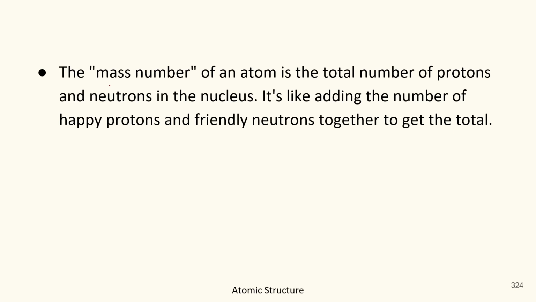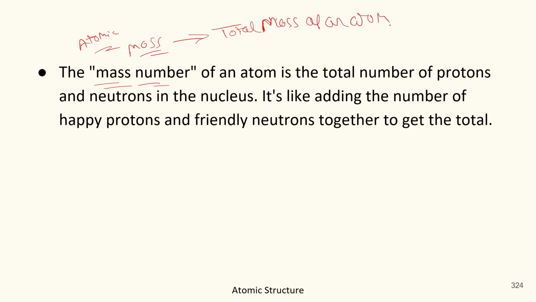The second term is mass number, which is also known as atomic mass. Atomic mass basically stands for the total mass of an atom, including both protons and neutrons of the nucleus.